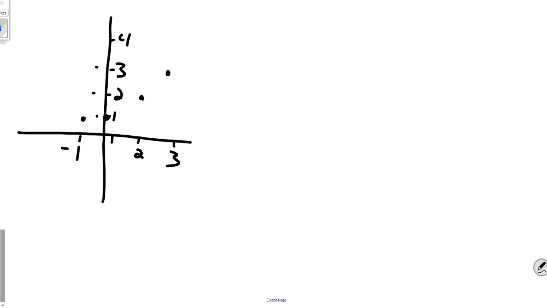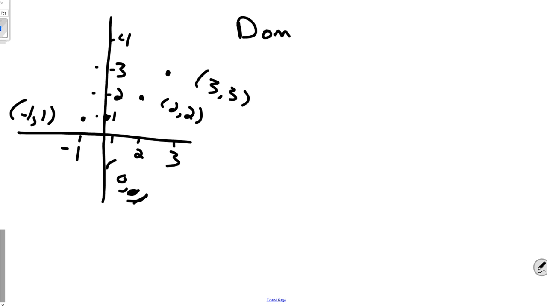Janelle? Okay, so if you look at my graph here, this point is at -1 and 1, right? This one's at 0 and 1, then 2 and 2, and then this one's at 3 and 3. So if I ask for your domain, now remember, domain is all your x values, right?